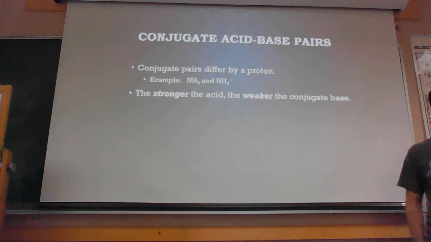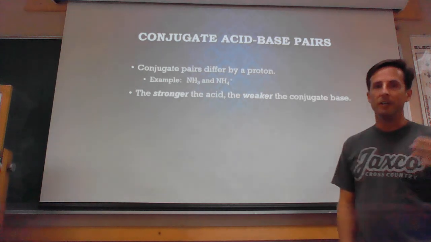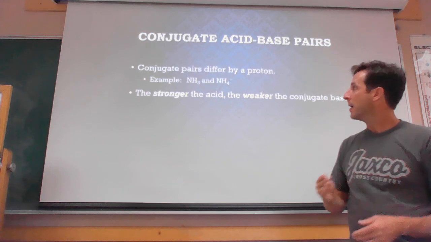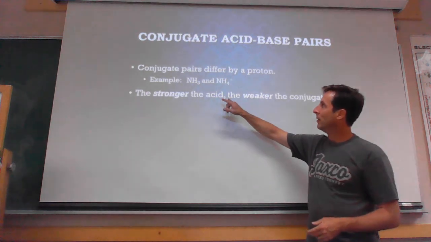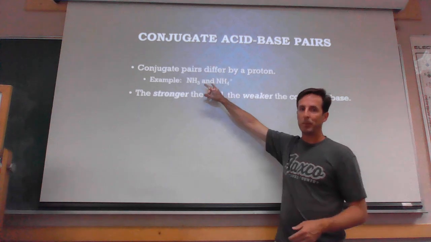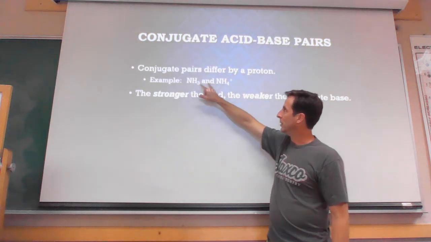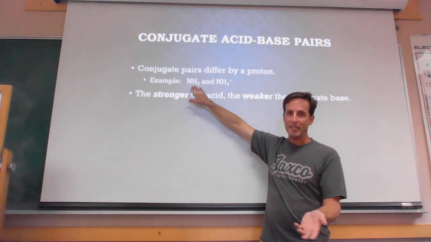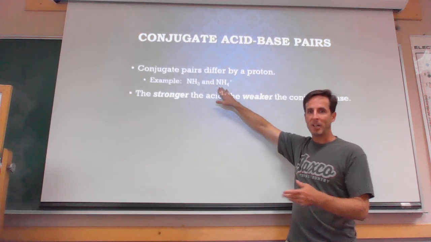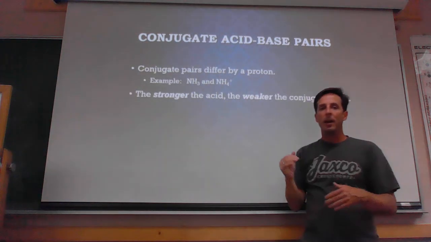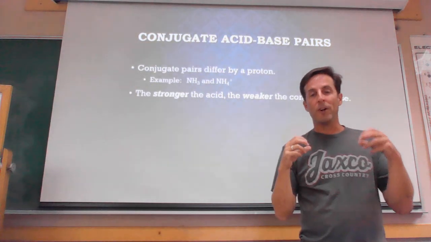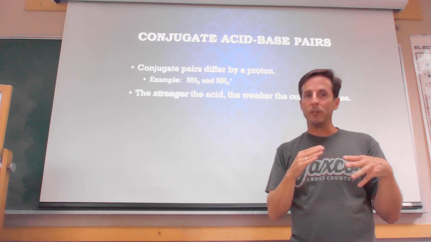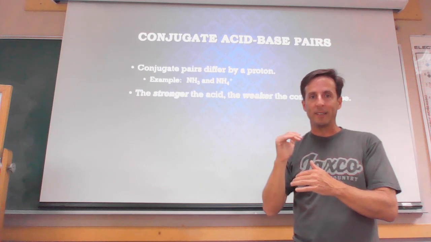All right, so conjugate acid-base pairs differ by a hydrogen. They can convert back and forth between the pair. So NH3 and NH4 plus are an acid-base pair. NH3 is a base. NH4 plus is the conjugate acid. As for their strength, their ability to behave like an acid or base, again, in 1211 we introduced the idea of strong acids and weak acids.